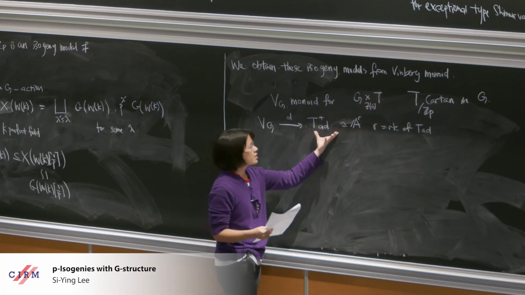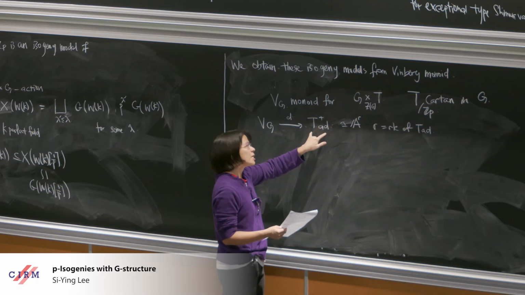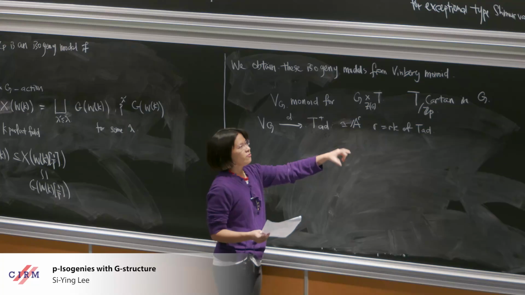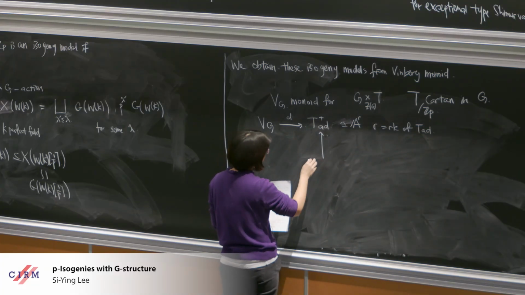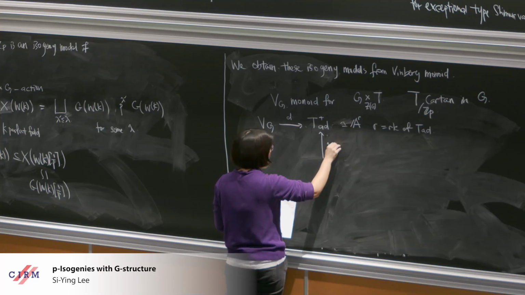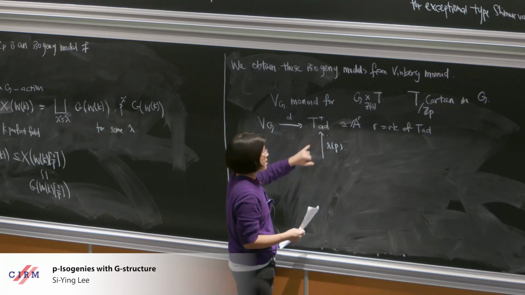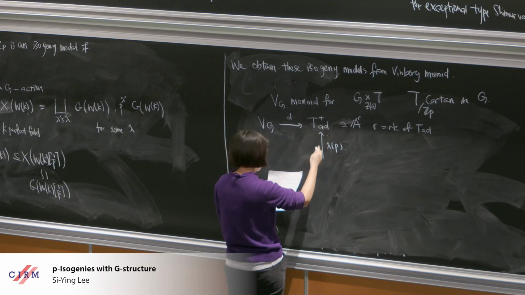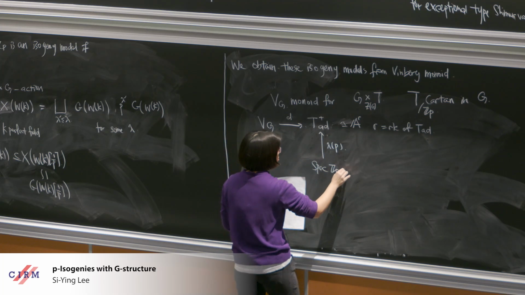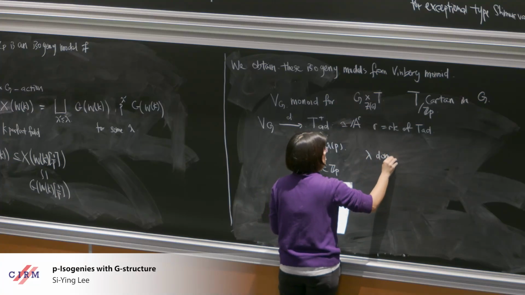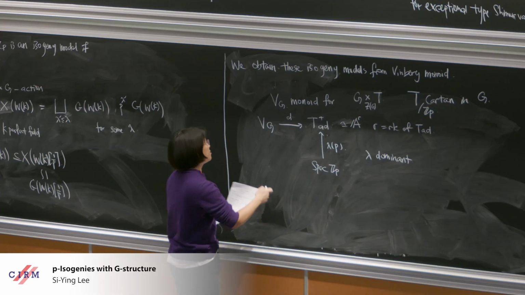As the name suggests, it is related to the torus T. This is basically the toric variety for this T-ad, such that every dominant co-character lambda over C_p extends to a point of this T-ad. So let's just say this is Spec C_p, with lambda dominant. And this is exactly the toric variety such that you have this property.